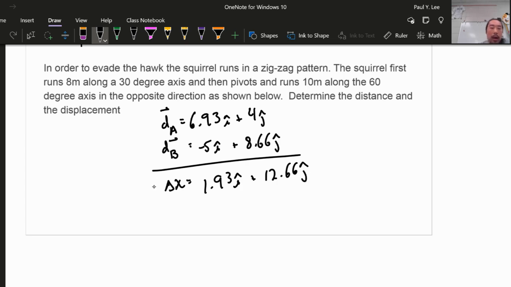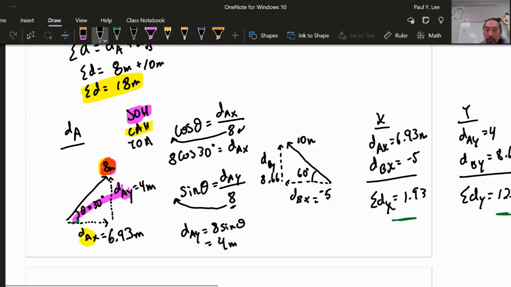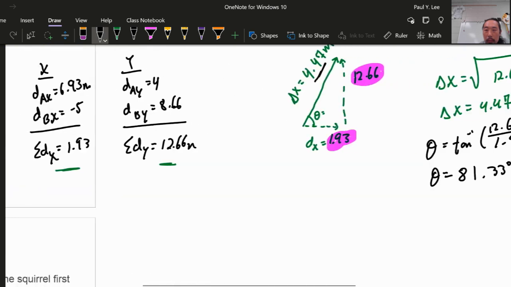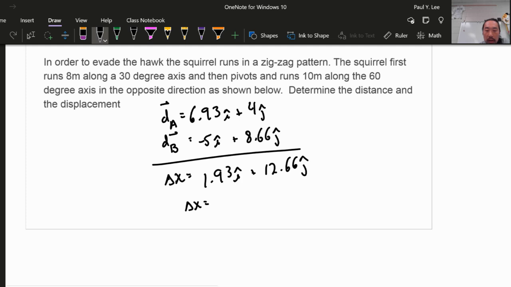And if we use the Pythagorean theorem, which we did before, we found that the magnitude is 4.47 meters at about 81 degrees.